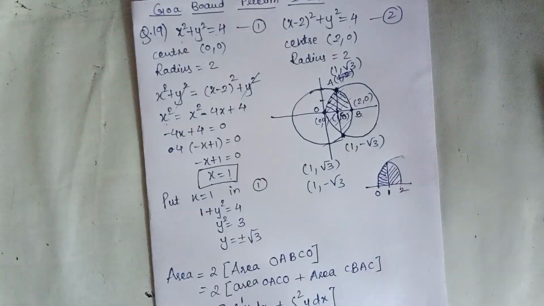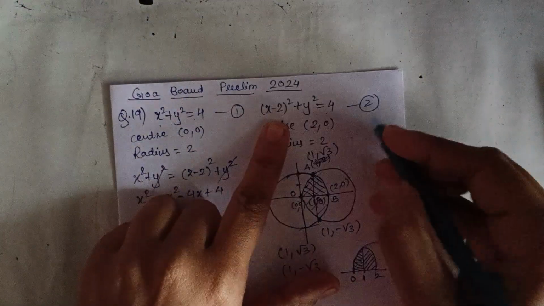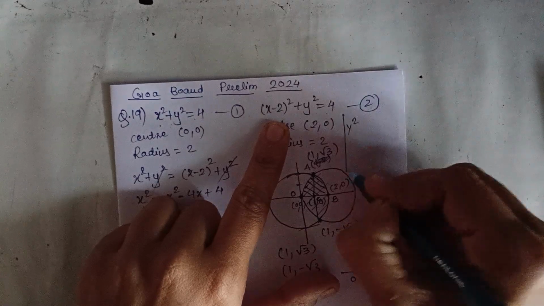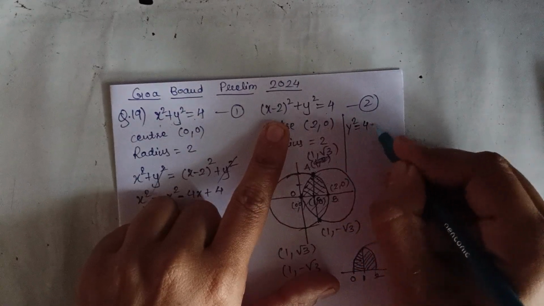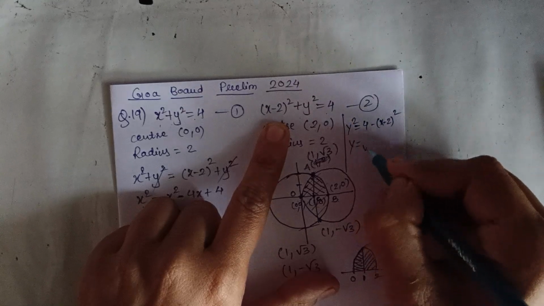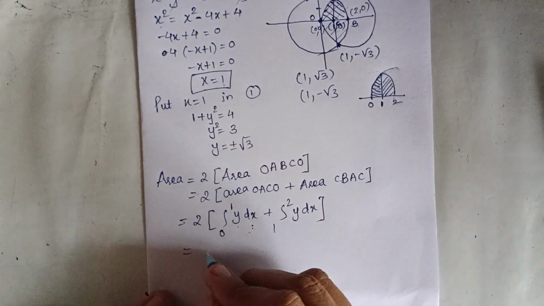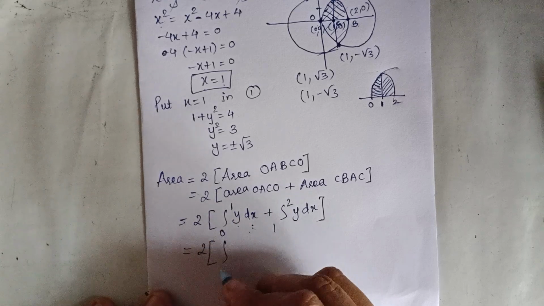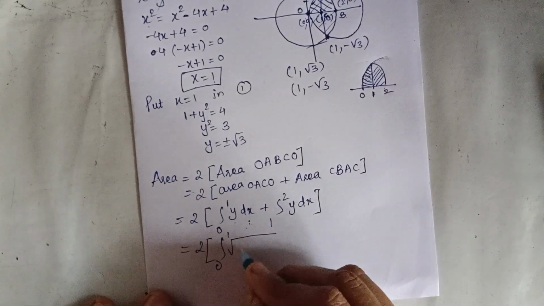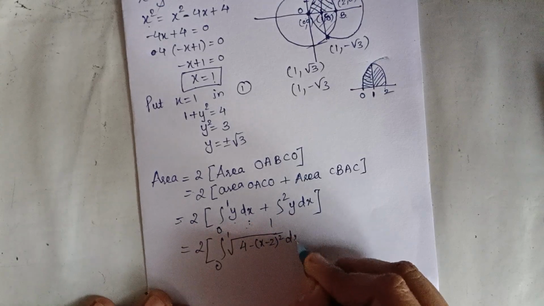Okay, so y will be what from this? Y is root of 4 minus (x minus 2) the whole square, dx.